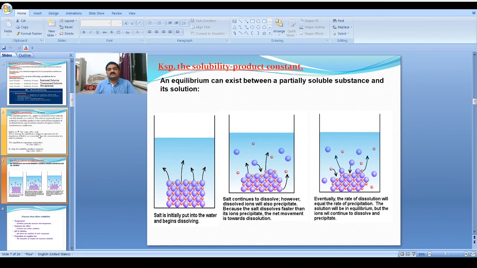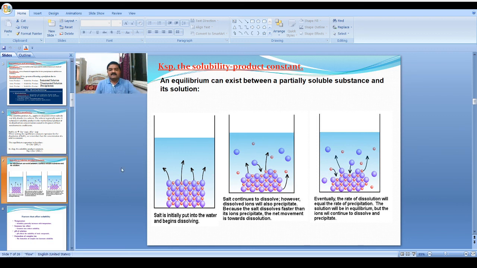Next, solubility product constant. How should this process take place? An equilibrium can exist between a partially soluble substance and its solution. Here there are three figures. In the first figure, salt is initially put in water and begins dissolving. In the second, salt continues to dissolve.